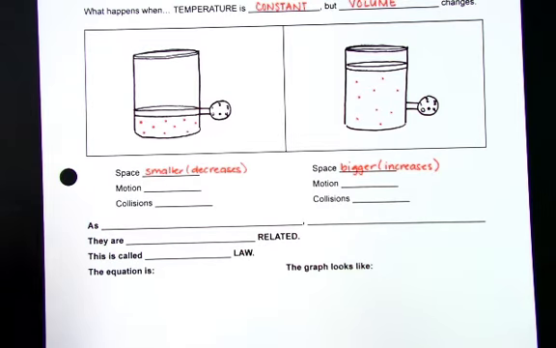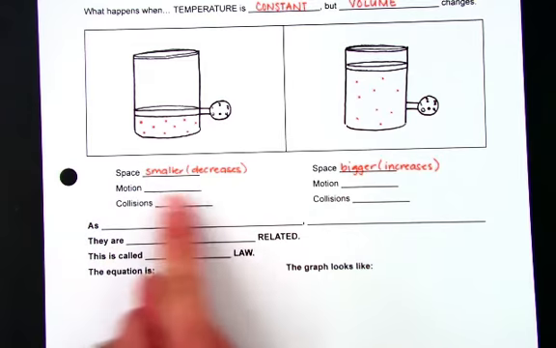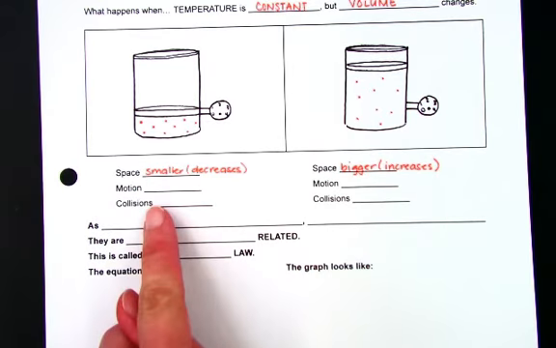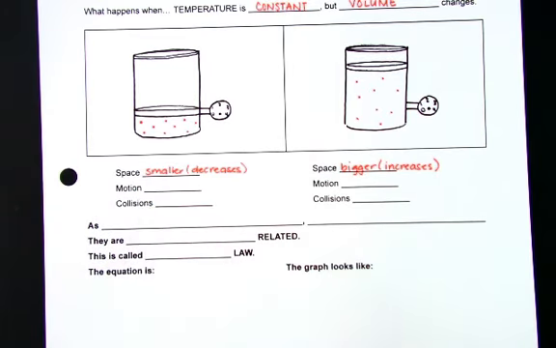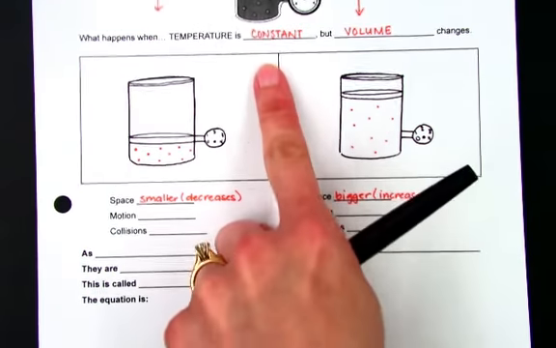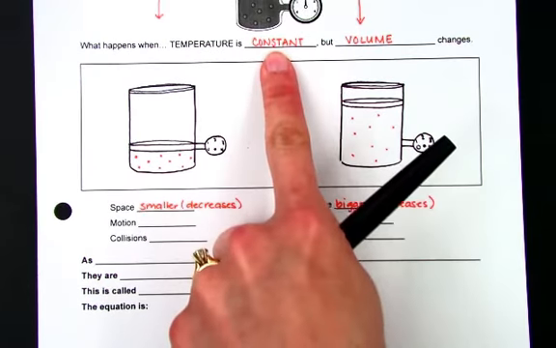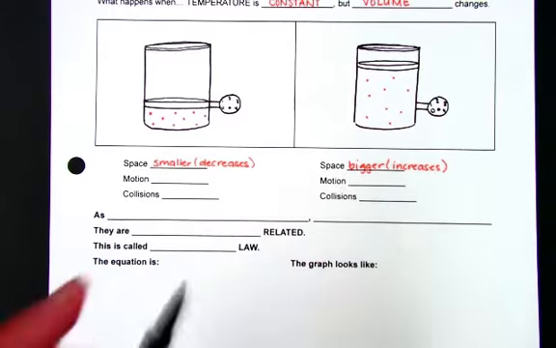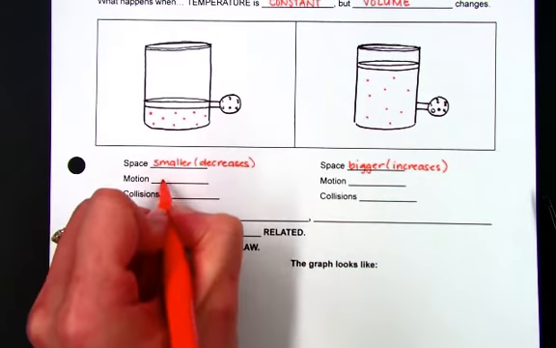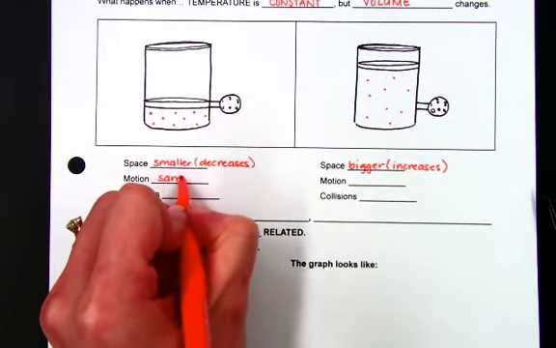What has happened? When we talk about motion, what measures motion? The temperature, right? What do we know about the temperature? It's constant. So my motion is going to stay the same.